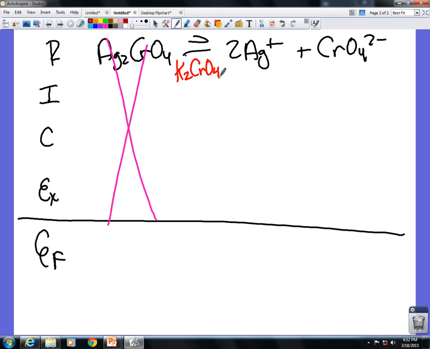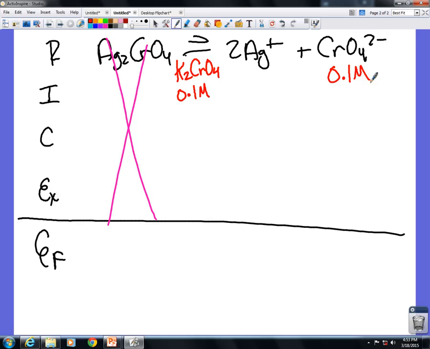What was the concentration? Alright, so we're mixing it with 0.1 molar K2CrO4. Now, which ion is in common? So what that tells me is that initially I had 1 molar.